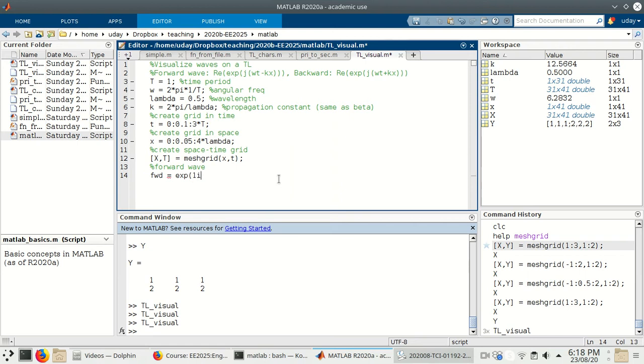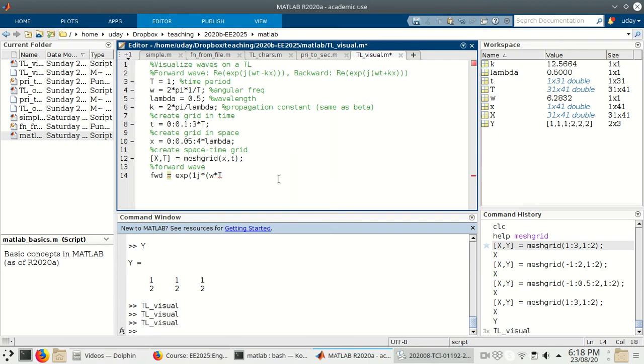So 1i or 1j, and here is where I need to put omega t minus kx. Remember that I should give the meshgrid output variables, not the original variables. So let's write down this w, there is t.